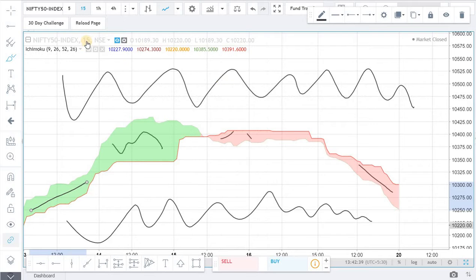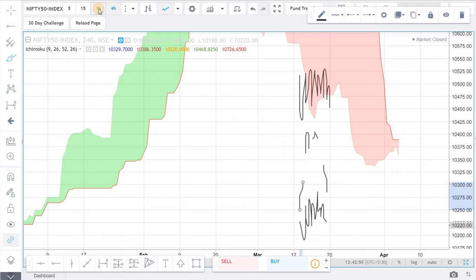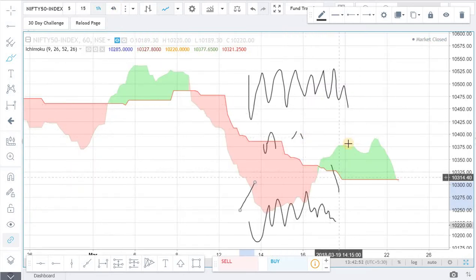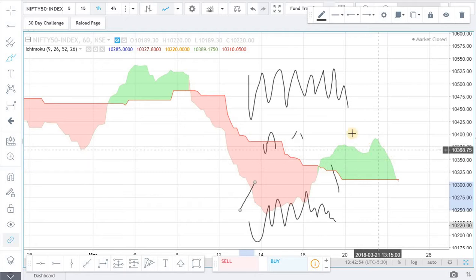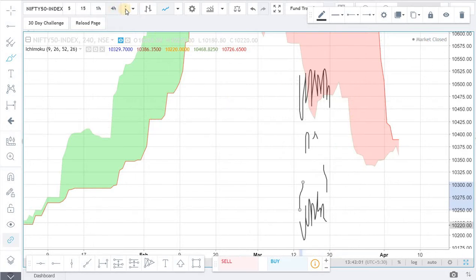If you're looking at a 15-minute chart like we are, this is your short-term sentiment. If we move to 1 hour, it looks like it's turning and becoming a little bullish, but if we look at 4 hours, it's still bearish.